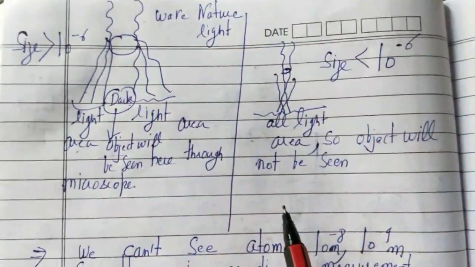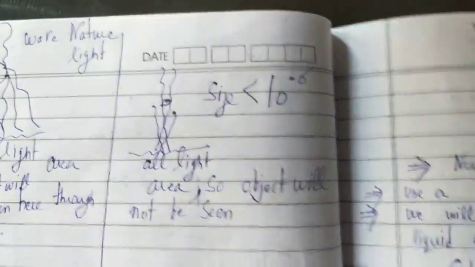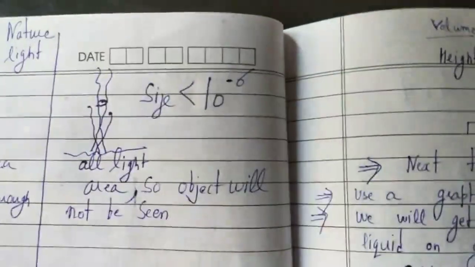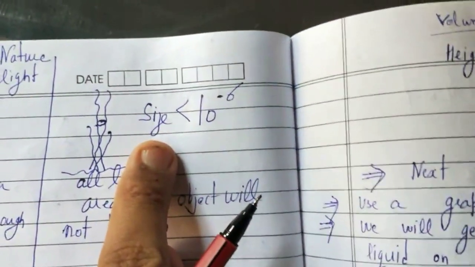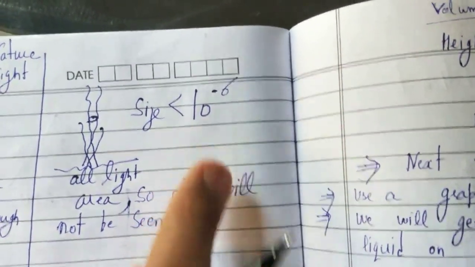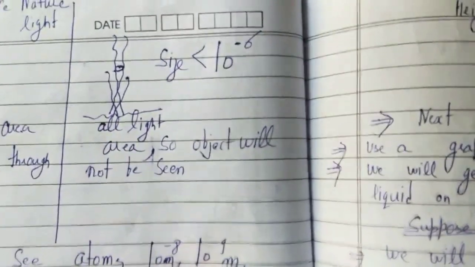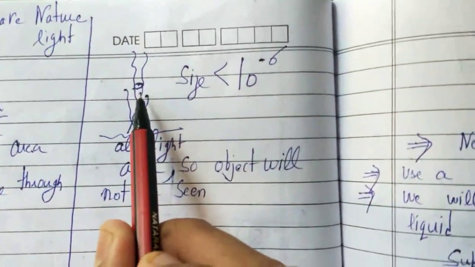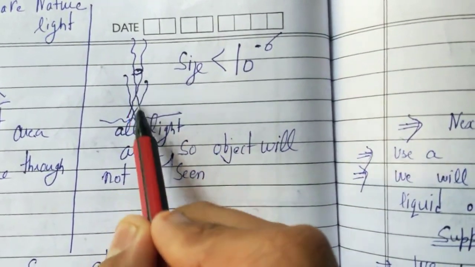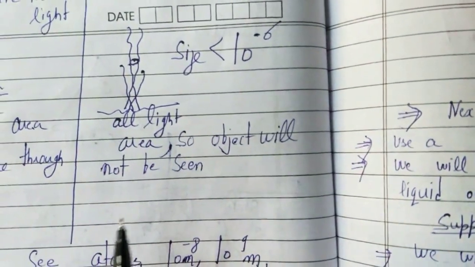But when you place an object under a microscope whose size is less than 10 to the power minus 6, that means a size of 10 to the power minus 7, 10 to the power minus 8, 10 to the power minus 9, the same light with its wave nature will strike, all the light rays will get mixed up, and all the area under the microscope will be a light area.